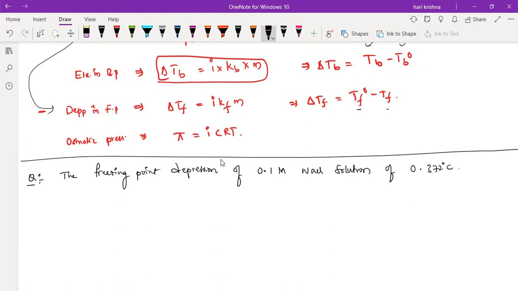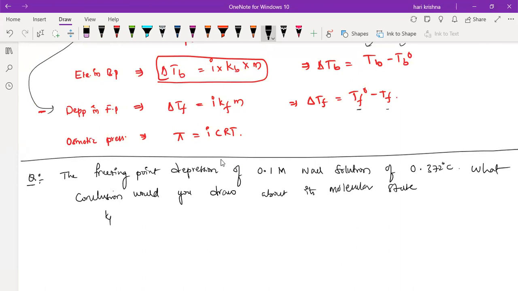So what conclusion would you draw about its molecular state?